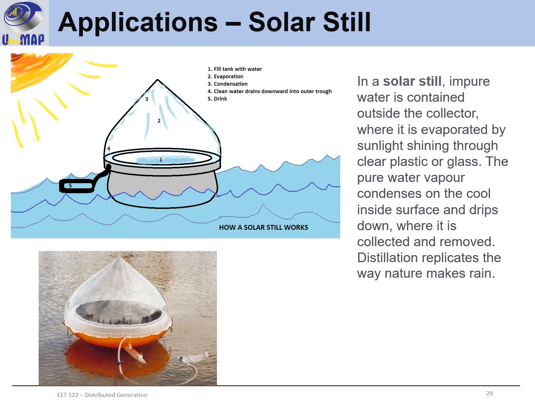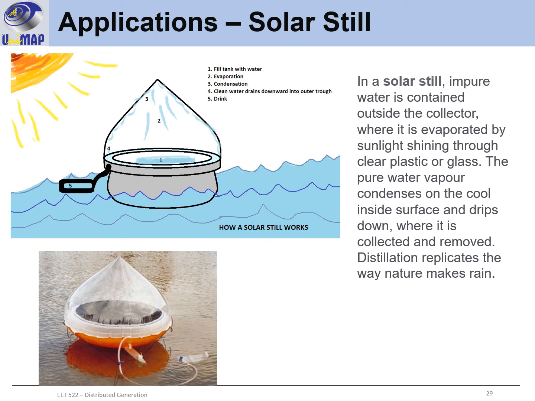Okay, the next application that utilizes solar energy is the solar still, in which the objective of this system is to produce pure water from, let's call it, impure water. So the impure water is placed inside of the collector.